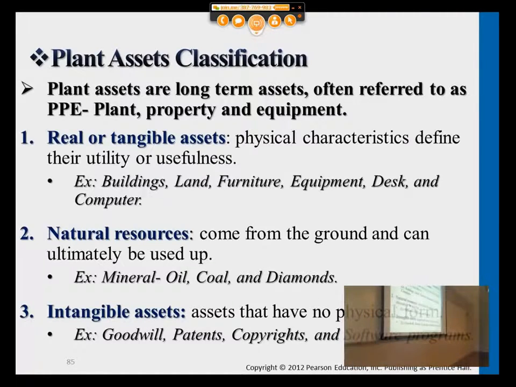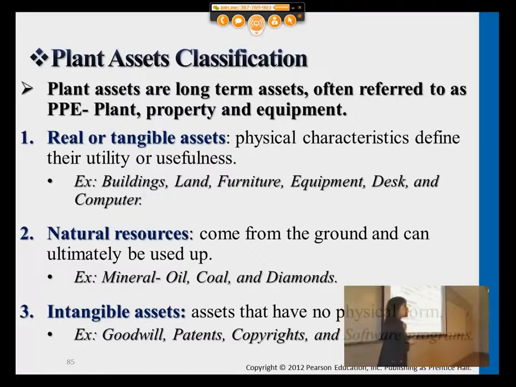Okay, now an exception here is that, remember I mentioned earlier, land is never depreciated. Okay, here's an exception. Later on we'll talk about depreciation methods, but none of them applies to land. Okay, all the other tangible assets will be depreciated along the years based on the miles that we have been using the truck, different types of vehicles.